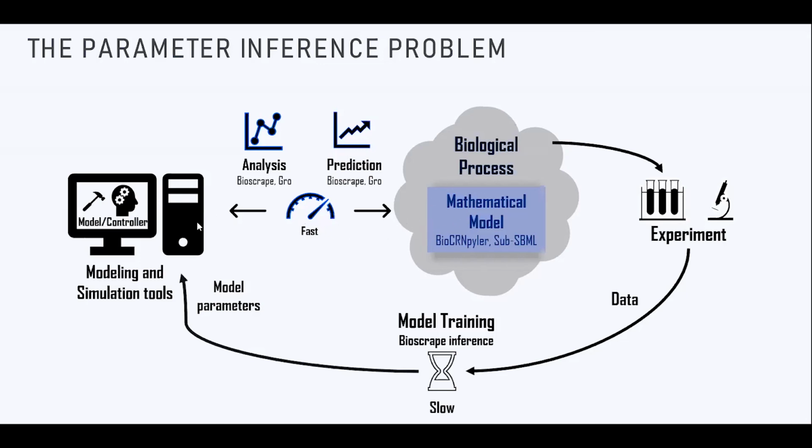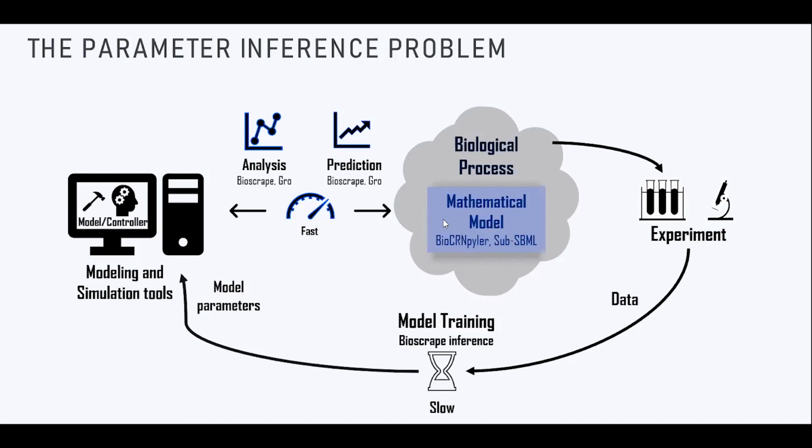That's analysis, and you can also compute different kinds of properties from the model. You can also do prediction. If you have a fairly credible model, you can run it and predict what you might see in an experiment. All of these you can run on your computer using various software tools, and you can do various kinds of things with your mathematical models. So this analysis and prediction part is very fast.